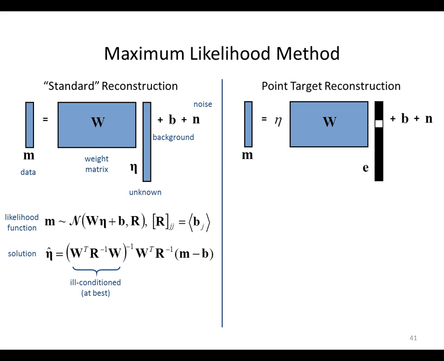And by the way, bold for me means either vector or matrix. So this is a scalar. And then this vector E is a vector of all zeros except for a 1 at one location, wherever the cell happens to be. And so now I go ahead and I modify my likelihood function, and now I have 2 unknown parameters to solve for, my scalar eta and the location of this non-zero coefficient.